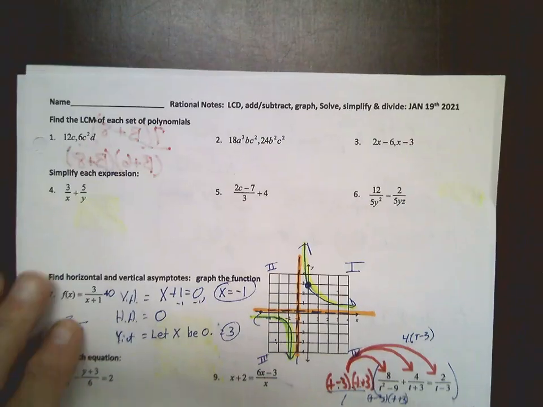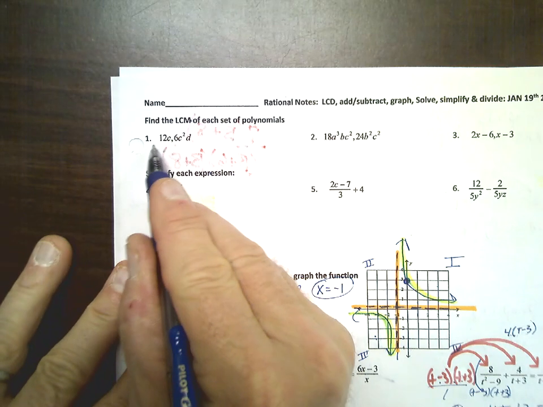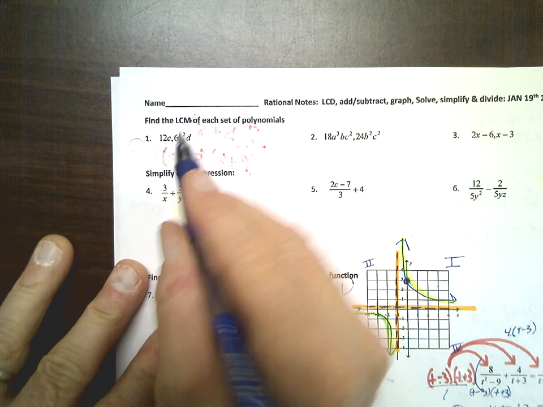Up here on problem 1, 2, 3, you're finding common denominators, really. So, really, just to help you out, the common denominator between 12 and 6 is going to be 12.